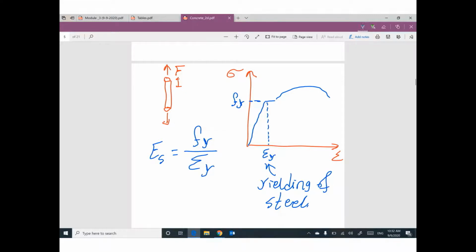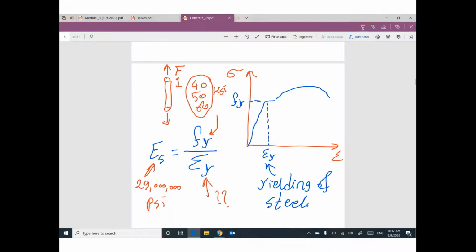So E steel is 29 million psi. F yield will be given based on what type of steel reinforcement you are using. Probably this value is 40, 50, or 60. Only three values, something like this: 40, 50, 60 ksi. So I can figure out the value of epsilon yield, the yielding strain of steel reinforcement.